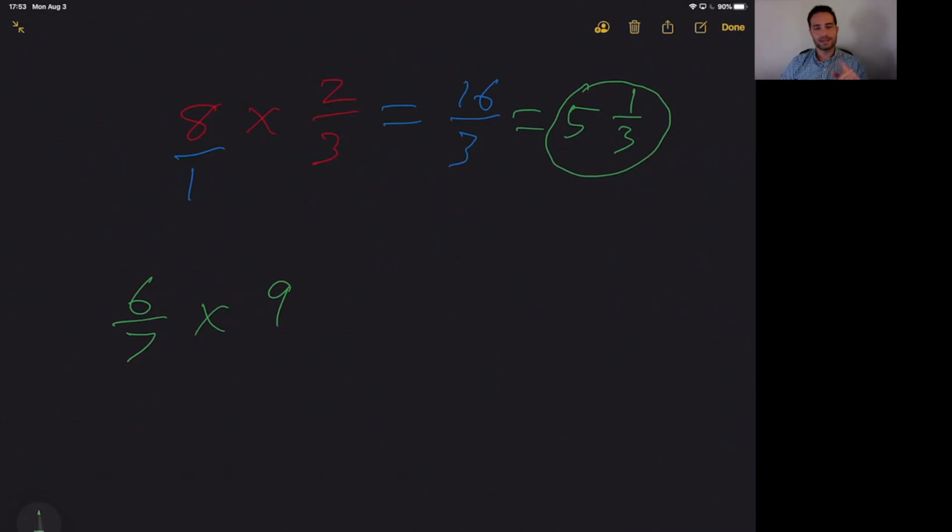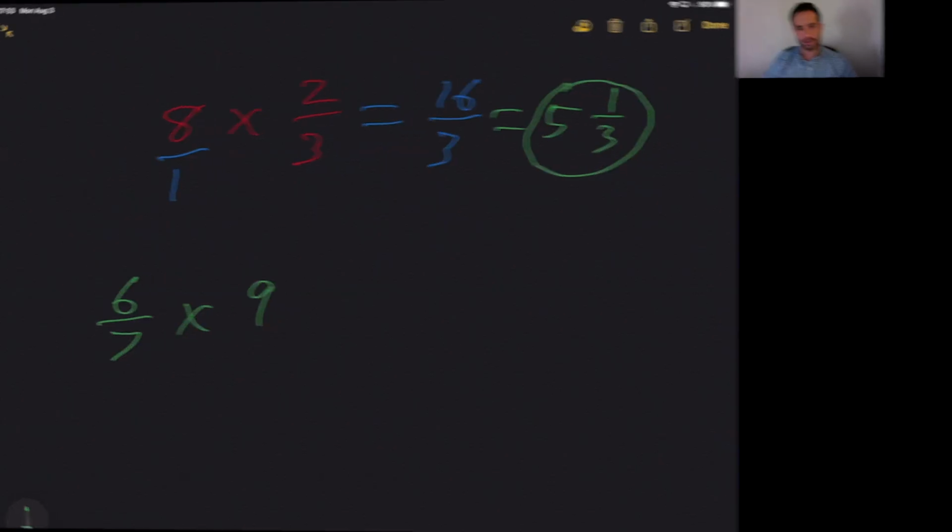And that means that we're going to do 6/7 times 9 over 1. And why do we do that? Because 9 divided by 1 is 9. And so we get 6/7 times 9 over 1. That equals 54 over 7.